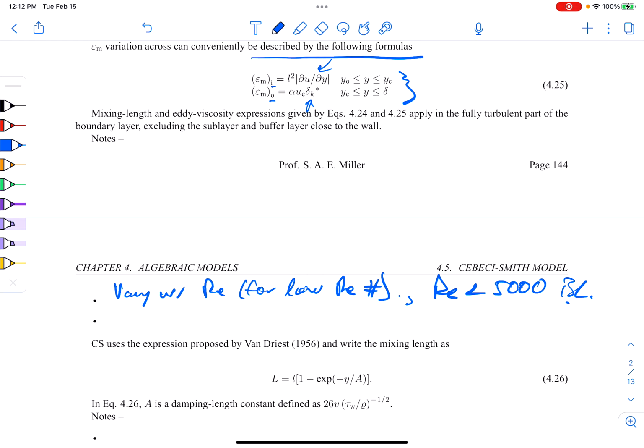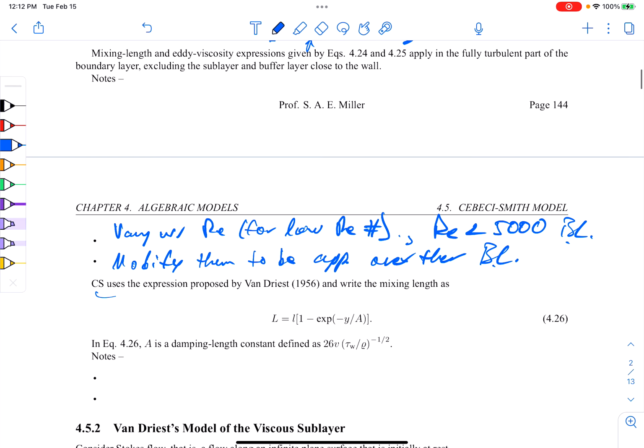So for low Reynolds number turbulence, these models are really bad, but we're focusing on high Reynolds number turbulence. And we might be able to modify them to be applicable over the whole boundary layer. So that's one of the first things Cebeci did.